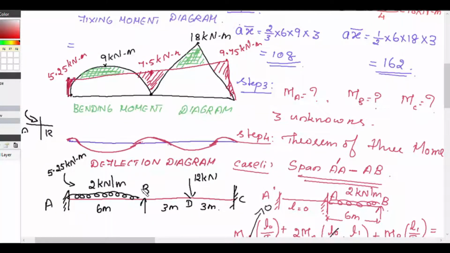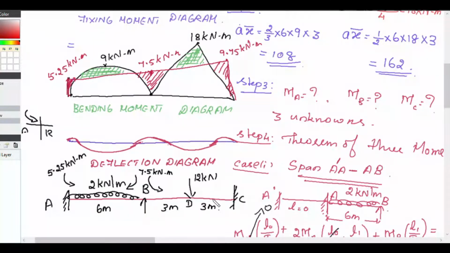Now at the point B, the moment is 7.5 kilonewton meter. When you are considering any section on the span AB, the right clockwise becomes negative, so the direction is like this. This is for the span BC.